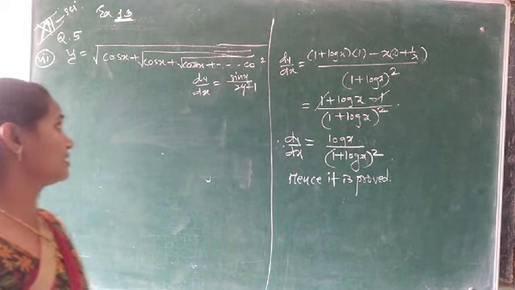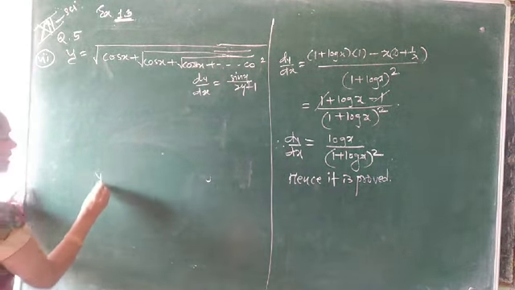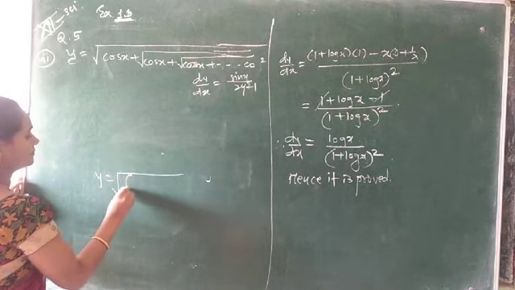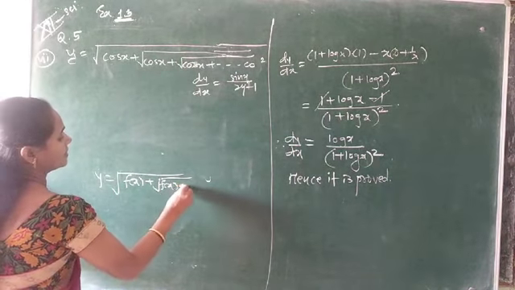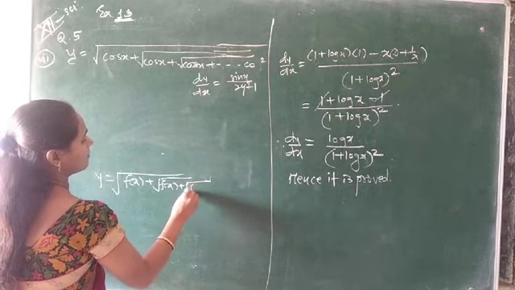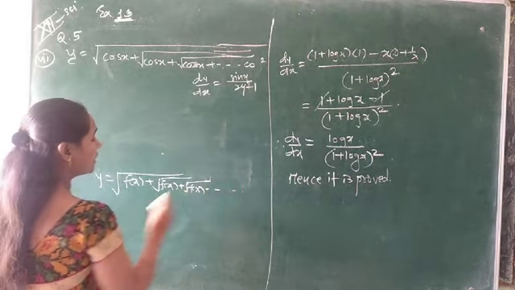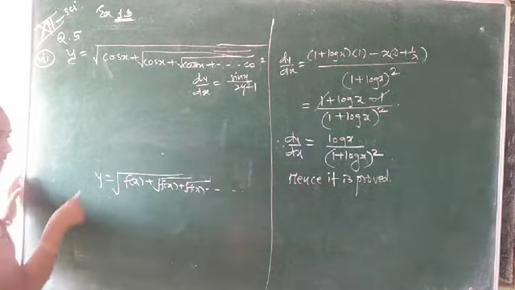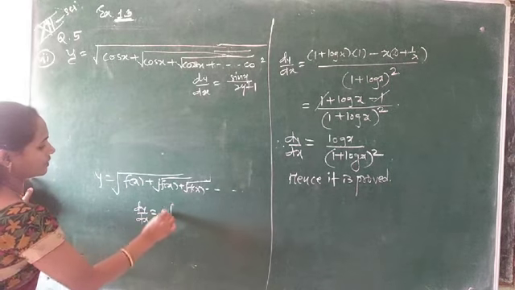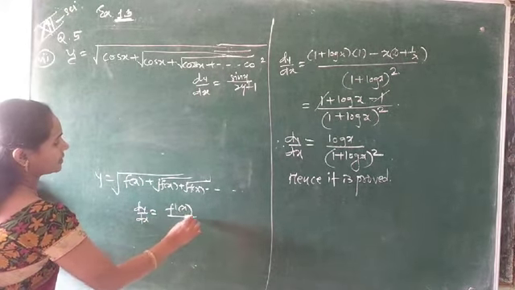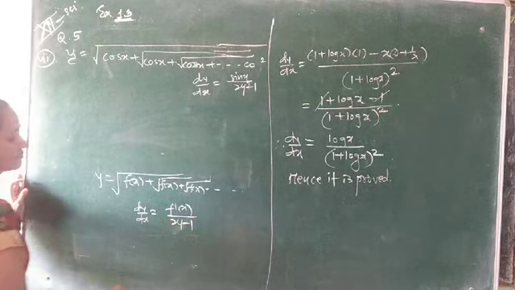Very important question. This is of the type y is equal to under root f of x plus f of x plus f of x plus and so on up to infinity. Then the answer of this type of function is dy upon dx is equal to f dash of x divided by 2y minus 1.